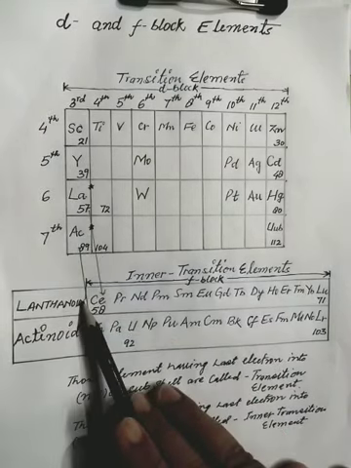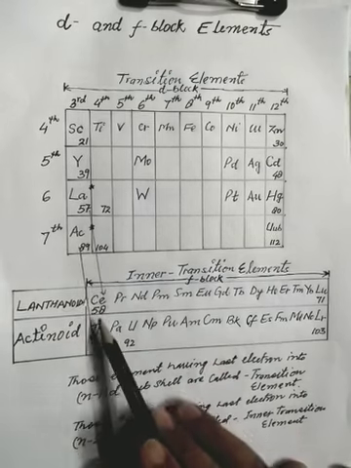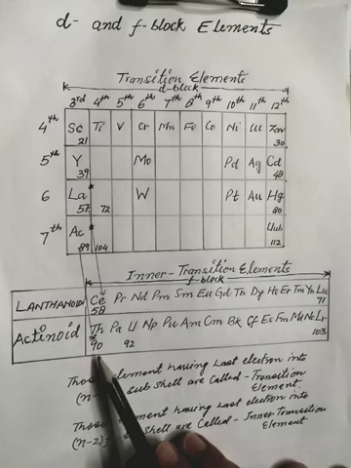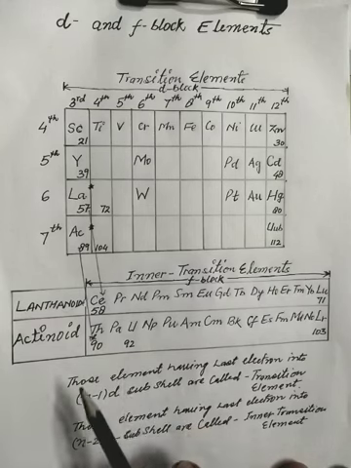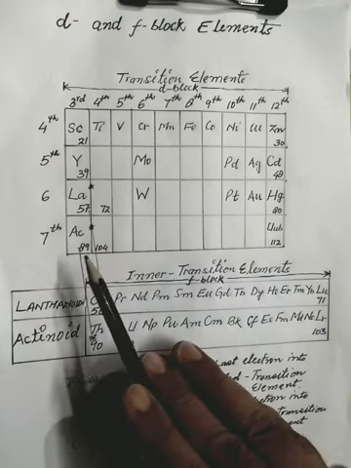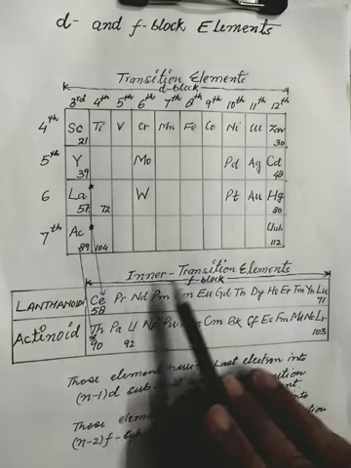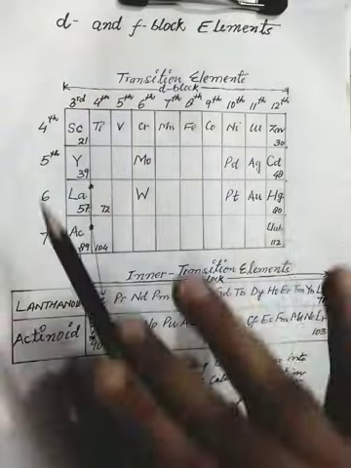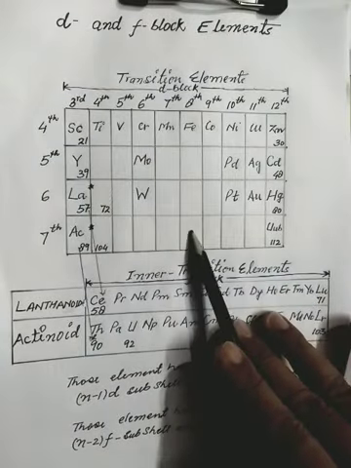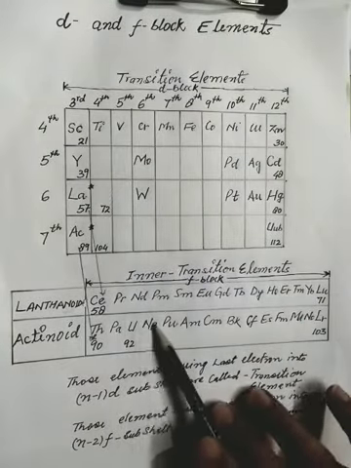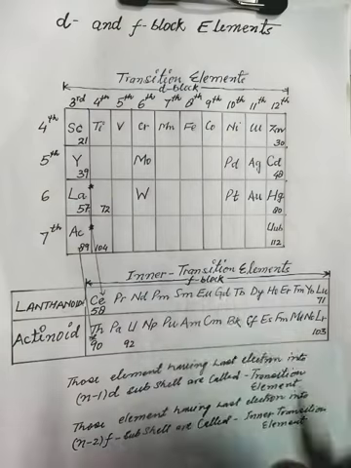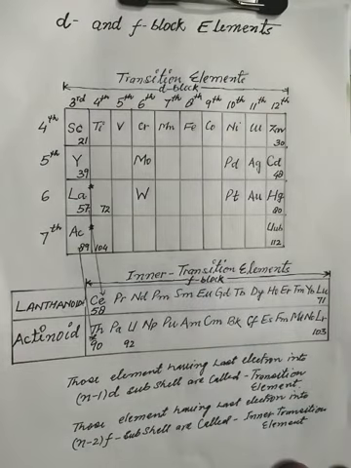After actinium, 14 elements are present in the actinide series, which has two very important elements, thorium and uranium. Inner transition elements did not get a place in the main periodic table. They are kept outside the periodic table, which is a limitation of the modern periodic table. Why are inner transition elements kept outside of the periodic table?